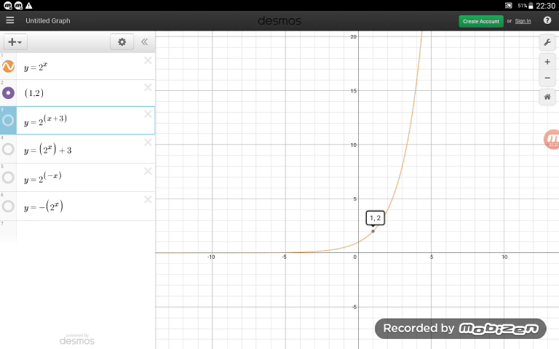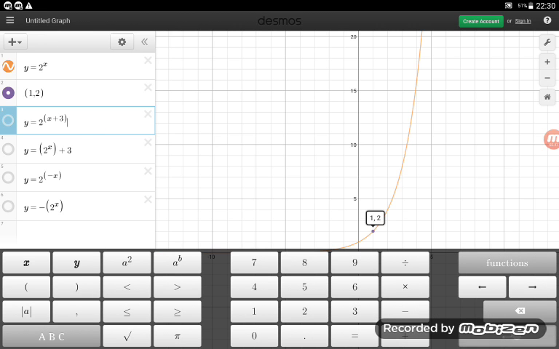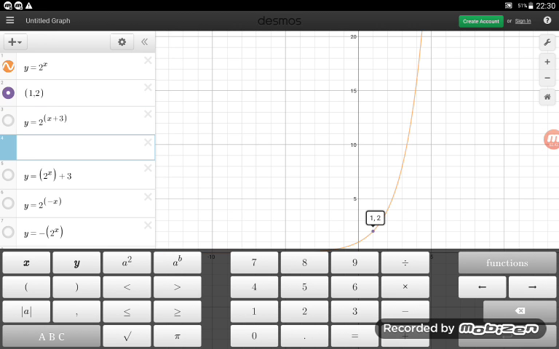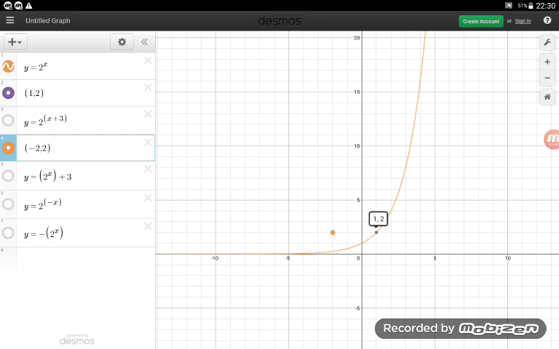I hope your answer is to the left. So the point (1, 2), I'm going to move it to the left by 3 units. So that would be at (-2, 2). Let's see if we get that right.